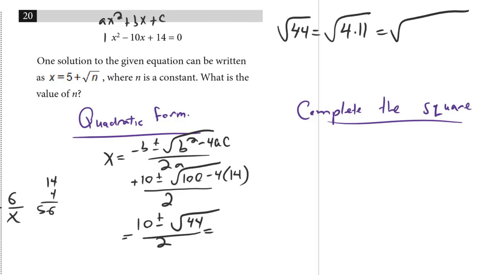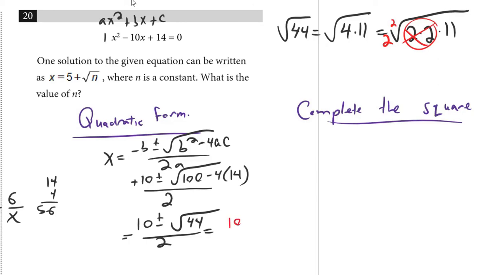And we did this on an earlier question, 2 times 2 times 11. On the last question, we were doing a cube root, so we were looking for groups of 3. A square root has an invisible number 2, so you're looking for groups of 2. So these 2's can come out, and you can put a single one on the outside. So square root of 44 is 2 radical 11.